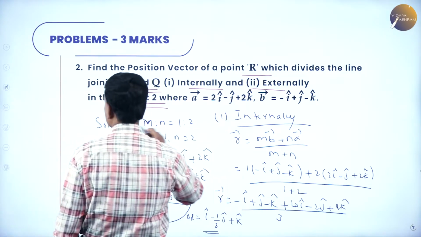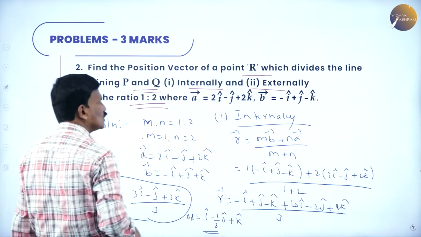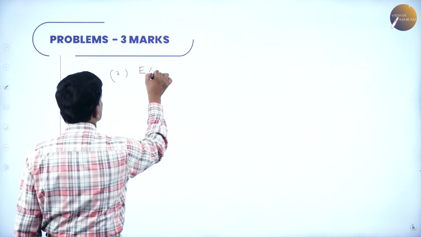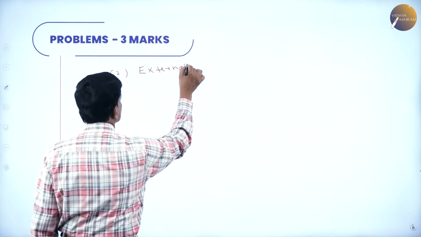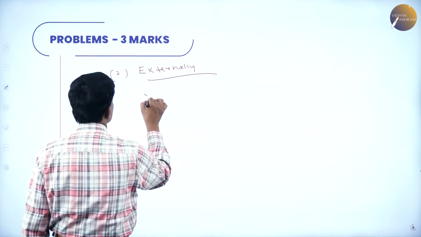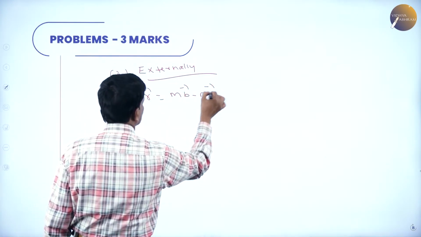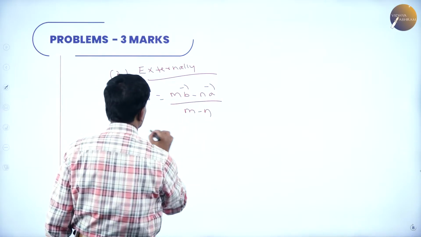Second one is externally. Now the second one is external division. Externally, vector r is equal to m into vector b minus n into vector a divided by m minus n.